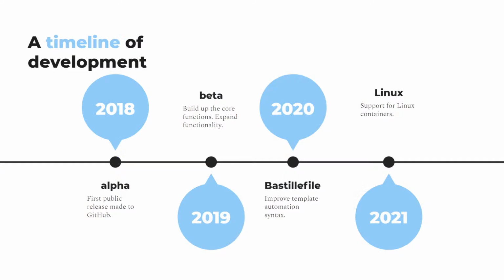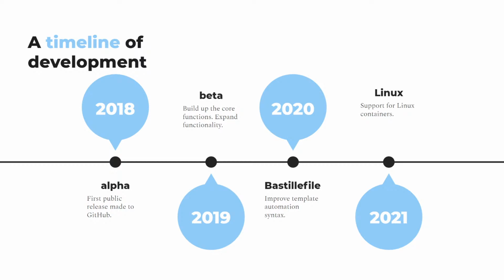Here's a little timeline of where we've been coming from. The first release that I had was back in 2018. It was very basic. It didn't have nearly the functionality that we have now, but it was at least good enough to make public and see what some people could do with it.